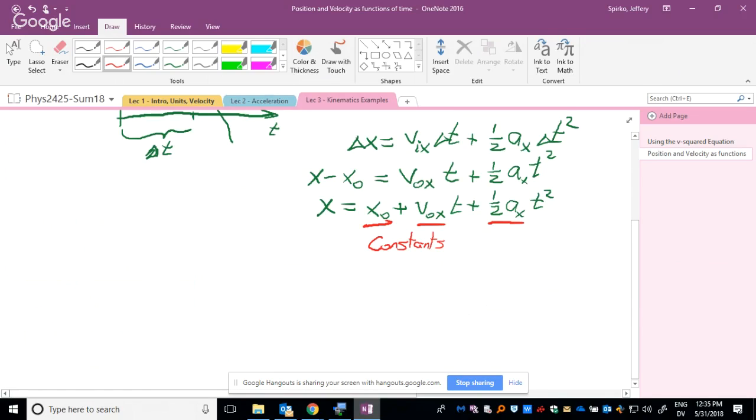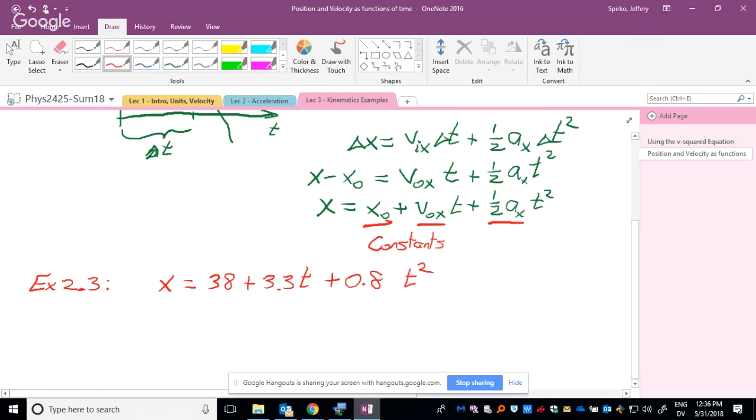example 2.3. Sometimes you're just given x is equal to something like 38 plus 3.3 t plus 0.8 t squared.